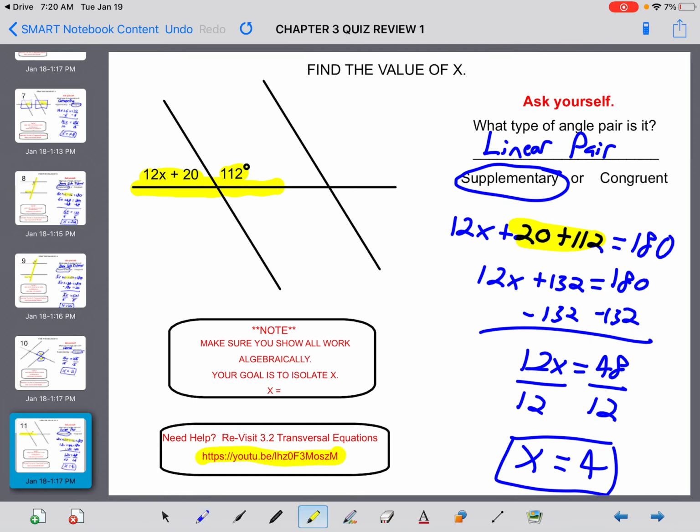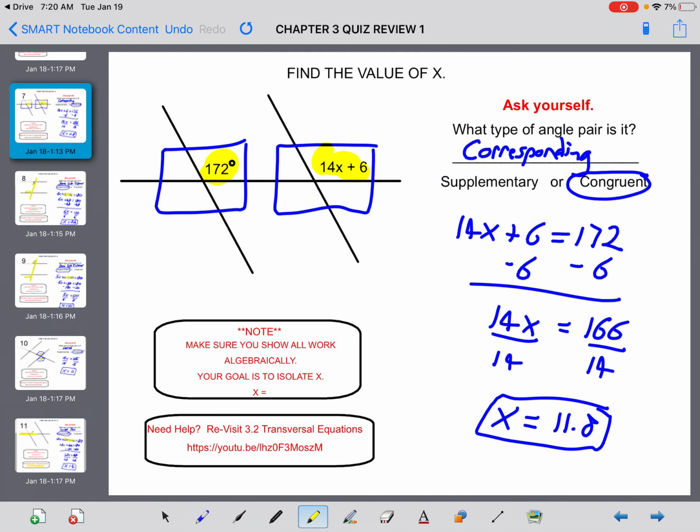Okay, again, if you need help, visit your transversal equations work packet video, all right? Don't be surprised if I change the numbers in this question here, the one that gave you the decimal in the video, okay, by the time you receive the worksheet.